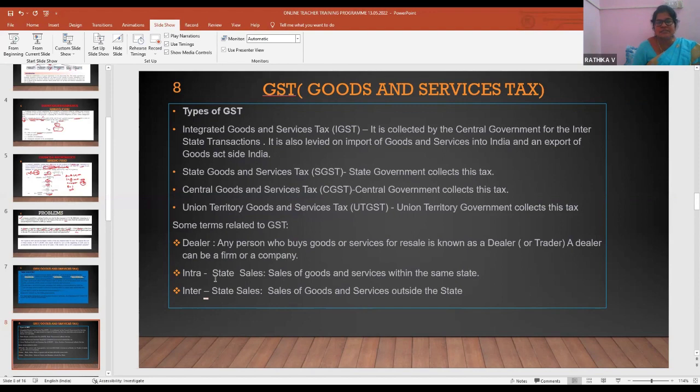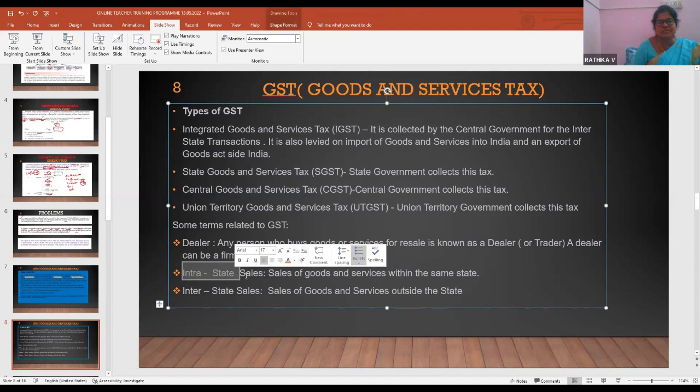Intrastate means sales of goods and services within the same state. Interstate means sales of goods and services outside the state. So if we are selling some items from one state to another state, then the GST will go to the central government. That is called IGST.